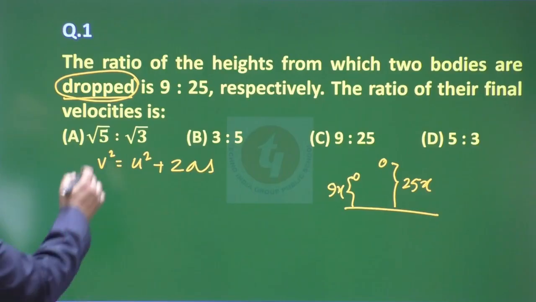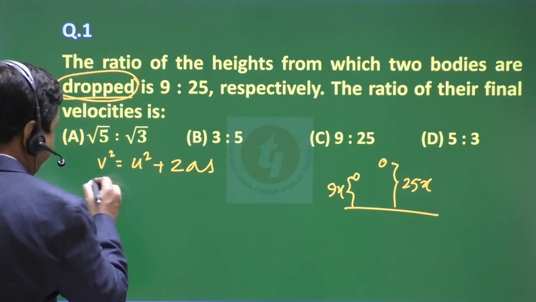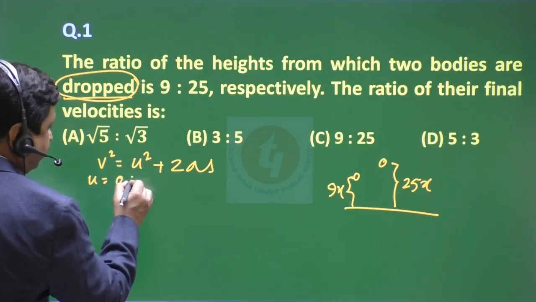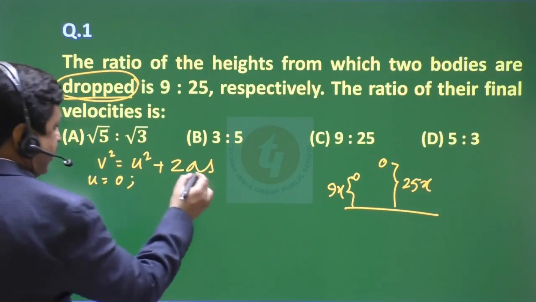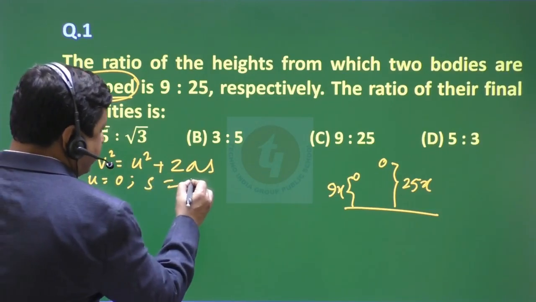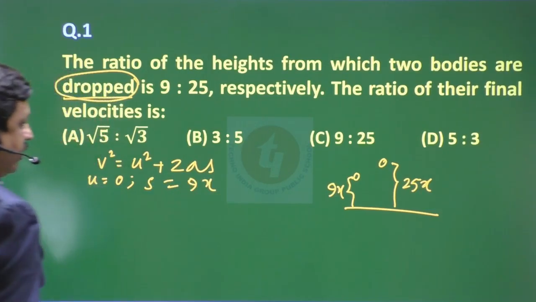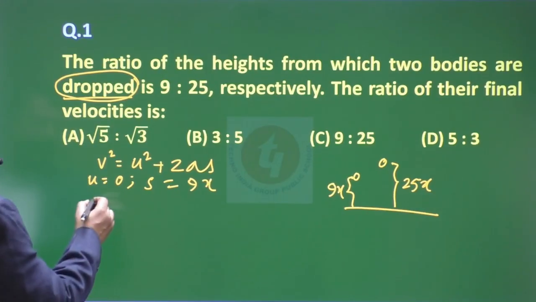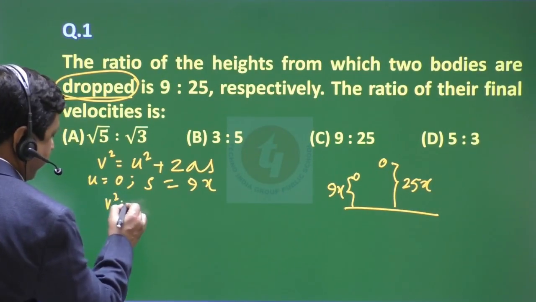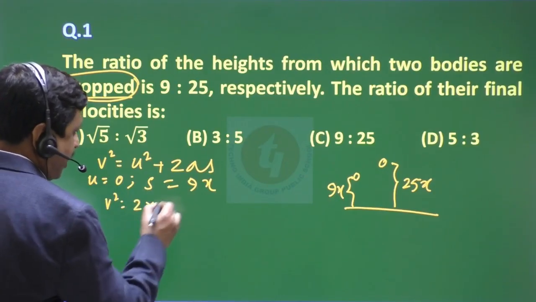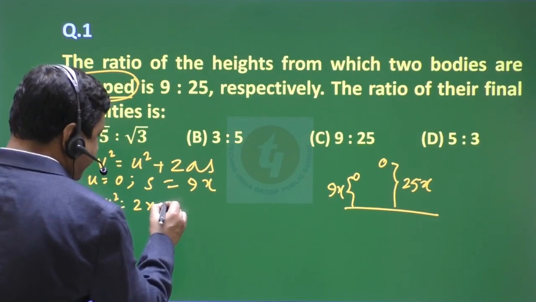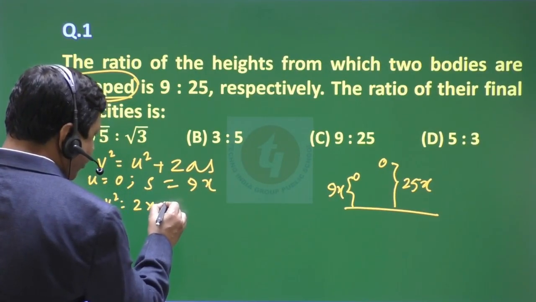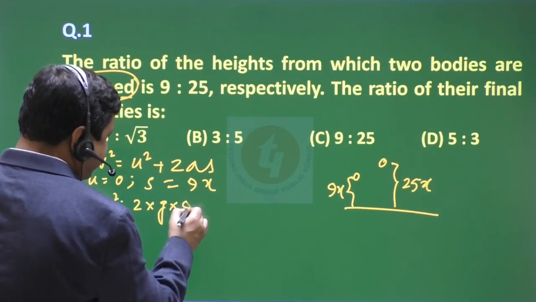So you have to take initial velocity u equals 0, and in the first case s equals 9x. So what is the final velocity? v square equals 2 into a, say 10 or g, into 9x.